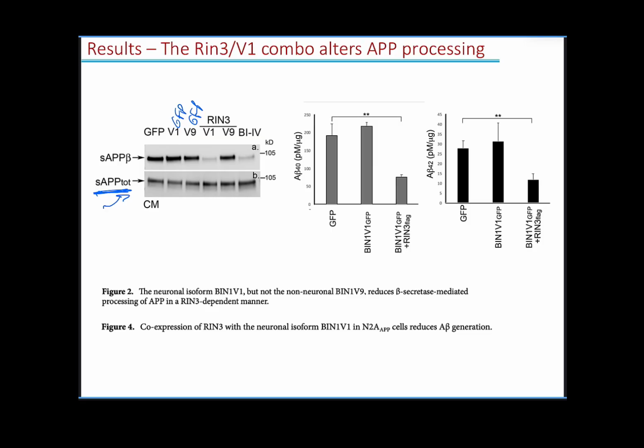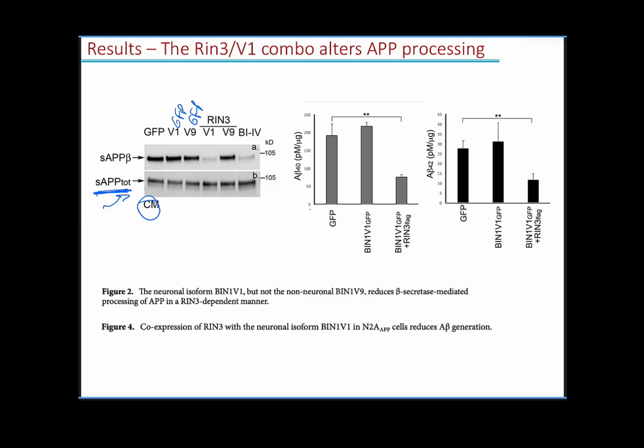So all of that can happen, and it serves as some sort of baseline or background. And when they measure the total amount of APP that is present in the conditioned medium, that's what CM stands for, in the medium floating around the cells, they see that the levels of total APP are the same. So that gives you an idea that these cells are expressing similar amounts of total APP.